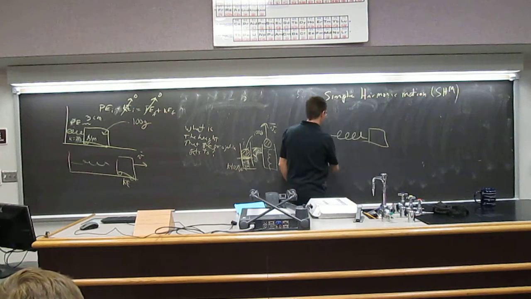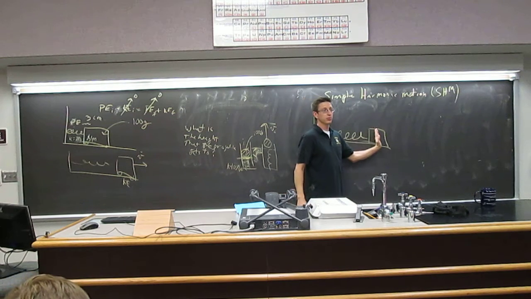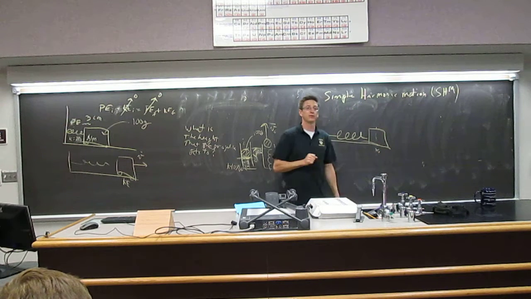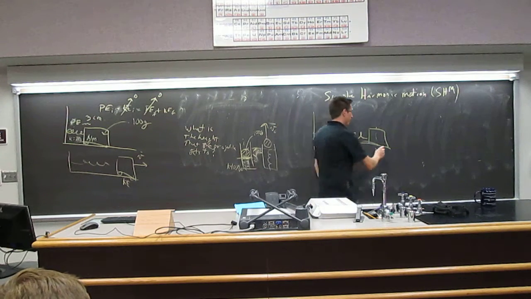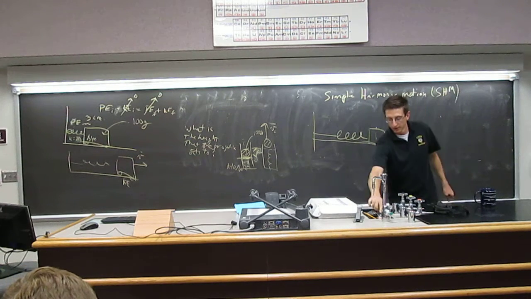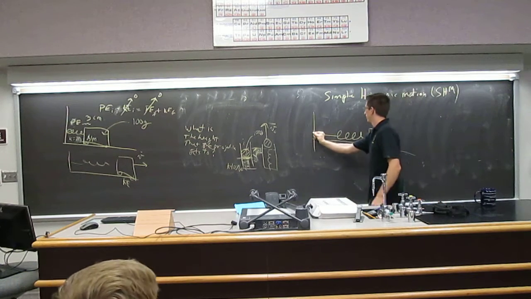Say I have a mass on a spring. Let's say that it's at its equilibrium position. Here, I'm going to call this X naught, equilibrium position. If I stretch it a little bit from equilibrium, so I'm going to draw that.